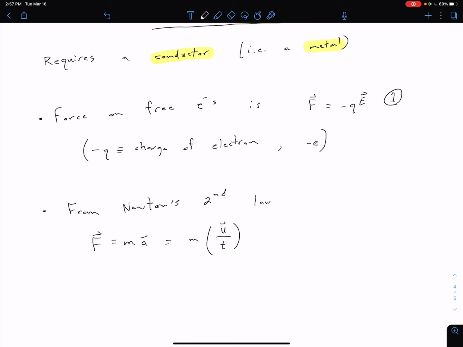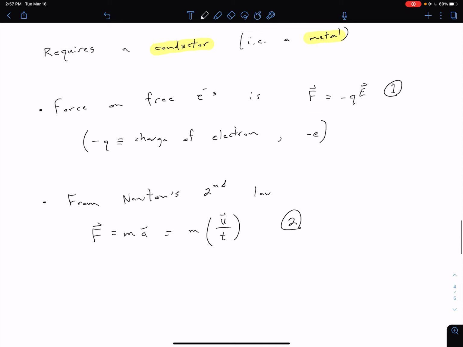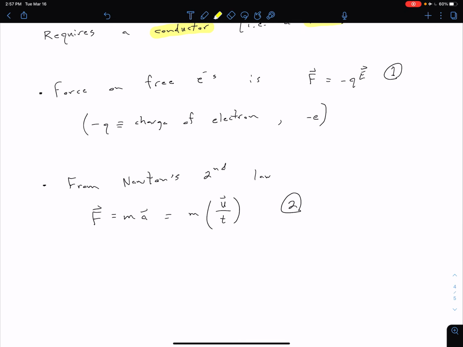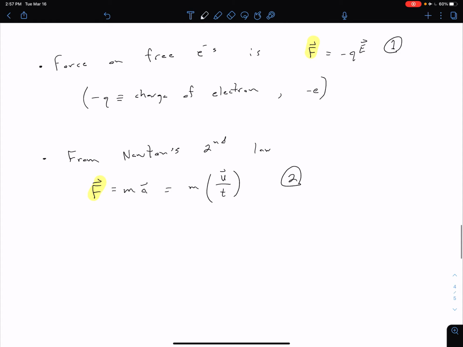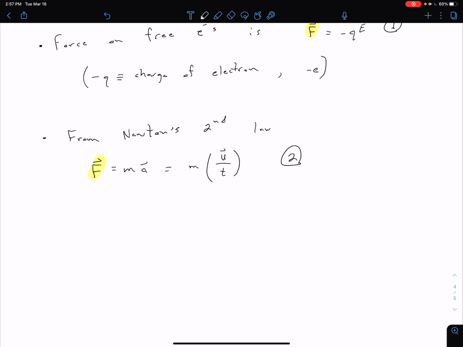We've taken that meters per second of velocity and divided it by time. Let's call this equation 2. You can see where I'm going here. We have two equations with force, so let's equate those two, and we can say then that mu over t is equal to negative QE.